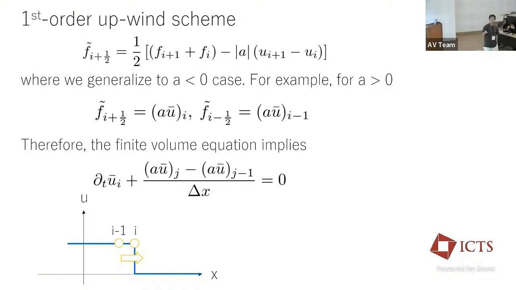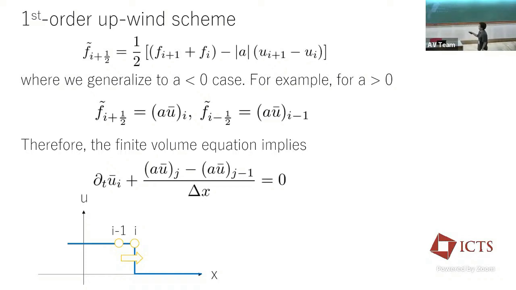We can define the numerical flux by something like this. This is an arithmetic average of the physical fluxes F i plus 1 and F i, plus the absolute value of the propagation speed times U i plus 1 minus U i. Everything here is a physical quantity, not a volume average quantity.